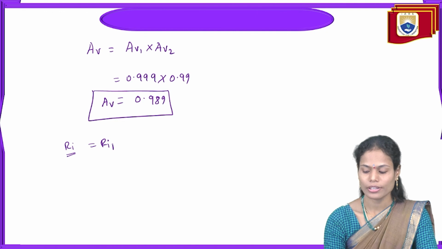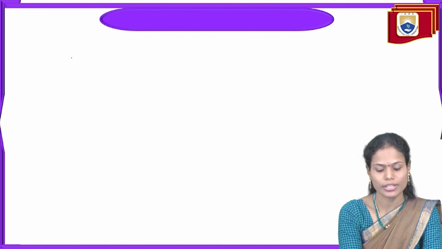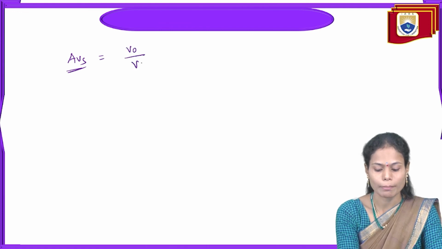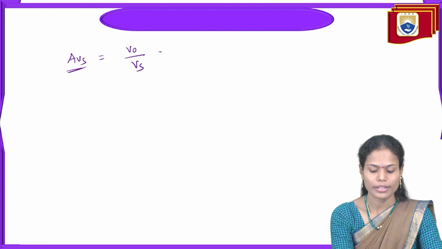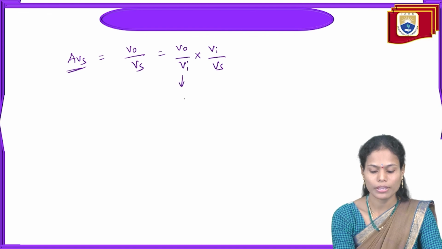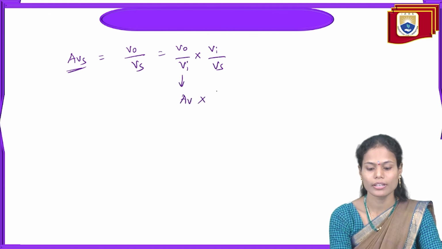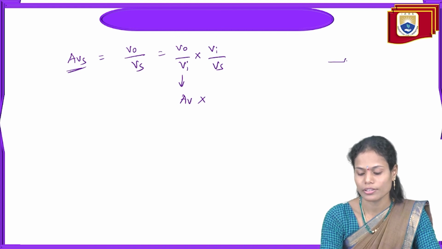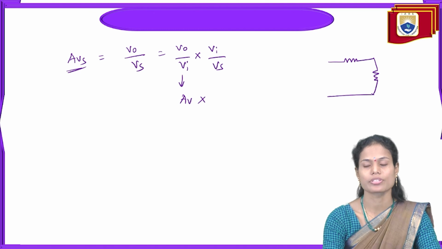And next, to calculate the overall voltage gain AVS by taking the source resistance into consideration, that is V0 by Vs here. So I can write it as V0 by Vi into Vi by Vs. So here V0 by Vi is the voltage gain, and Vi by Vs from the input circuit we can calculate, that is source resistance and the RA resistance we are having.